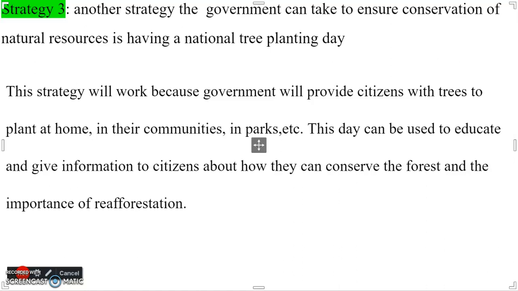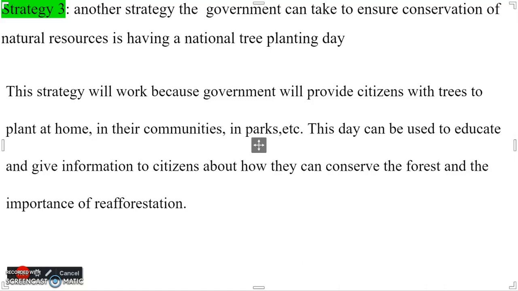This strategy will work because the government on that day will provide citizens with trees to plant at home, in their communities, in parks, etc. This day can also be used to educate and give information to citizens about how they can conserve the forest and the importance of reforestation.